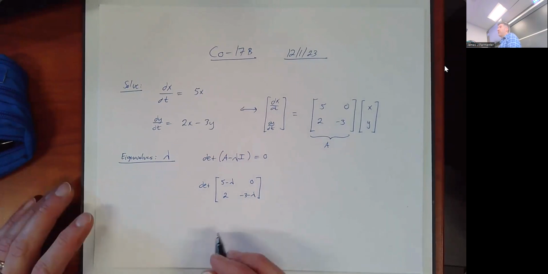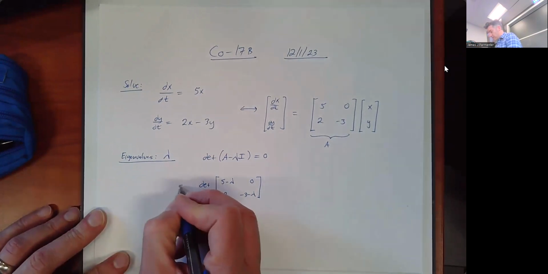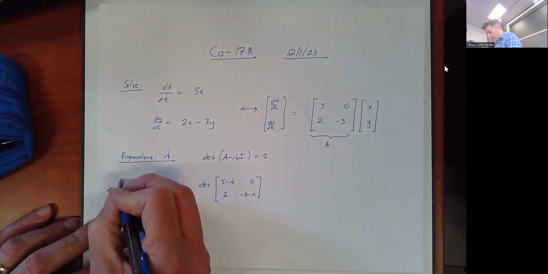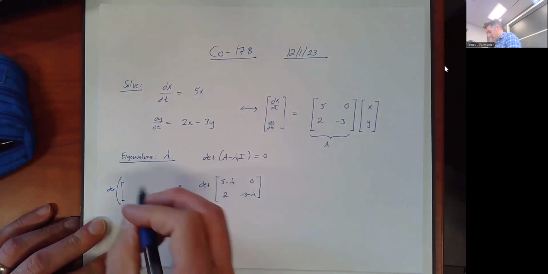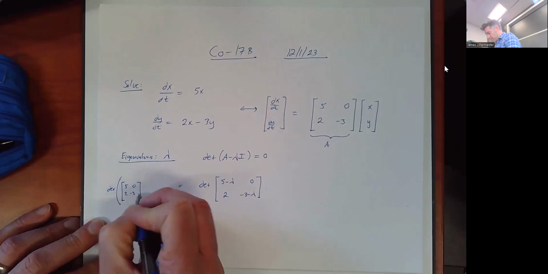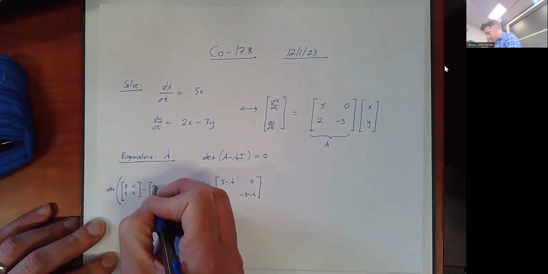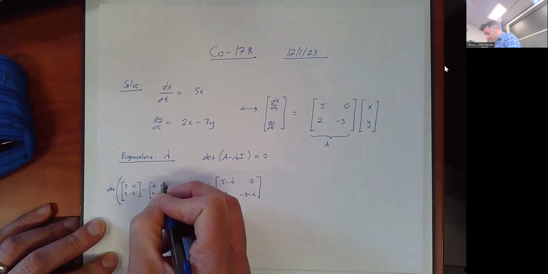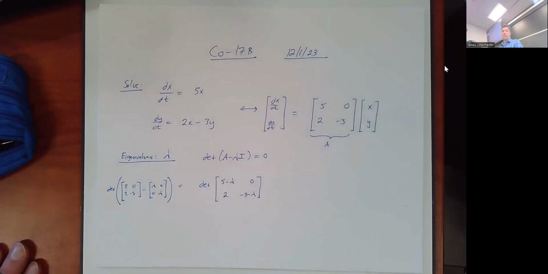You can show more work if you want to. We could have written this as the determinant of [5, 0; 2, -3] minus lambda times the identity matrix, but there's no need to write that. You can skip straight to just subtracting lambda in each of the diagonal spots.